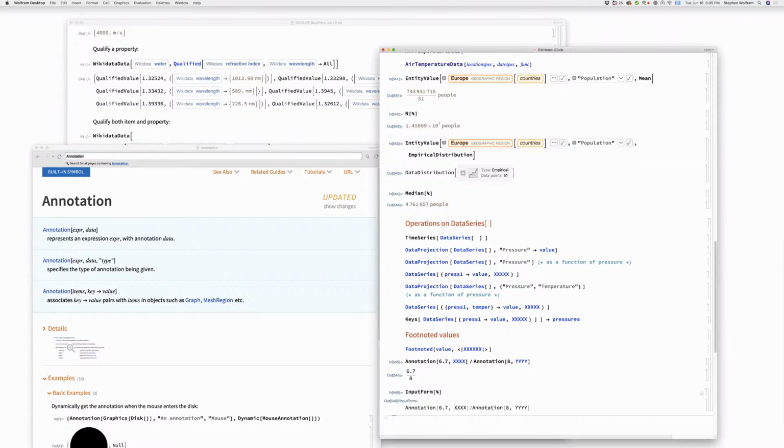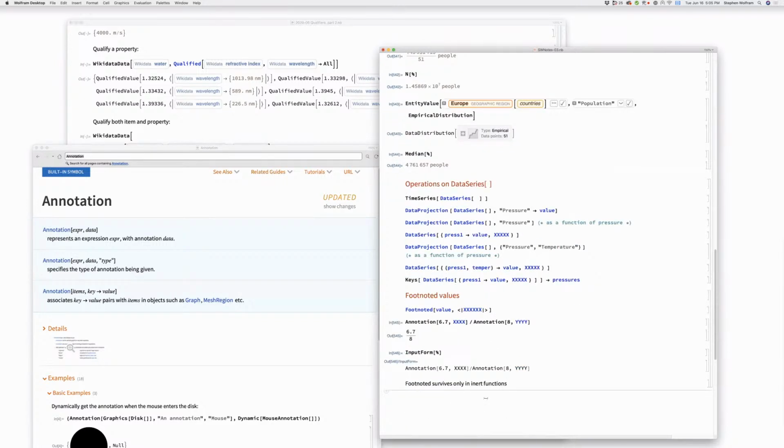And what would its semantics be? One possible semantics is footnoted survives only in inert functions. So if you have footnoted in a list, it's a happy camper, right? As soon as you square the footnoted objects, they're not footnoted anymore. See what I'm saying? Right.